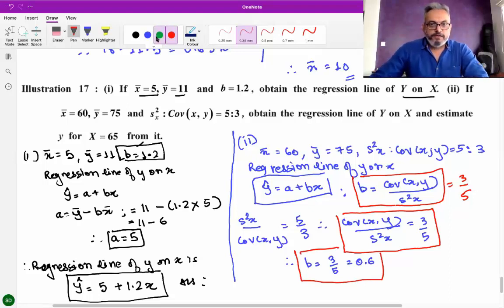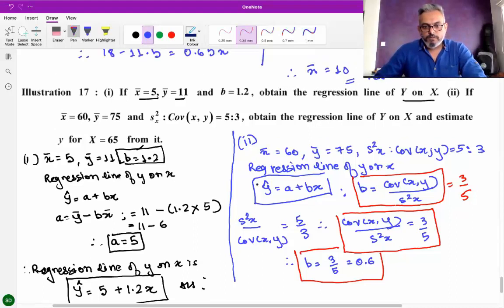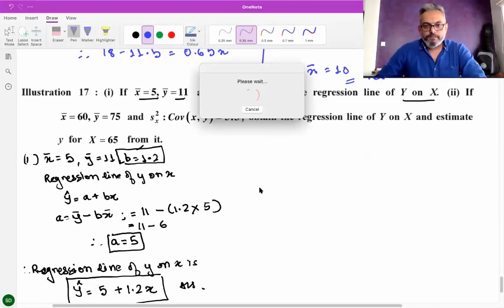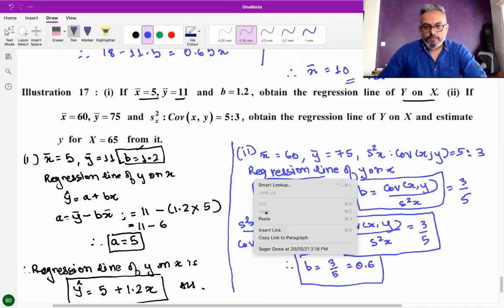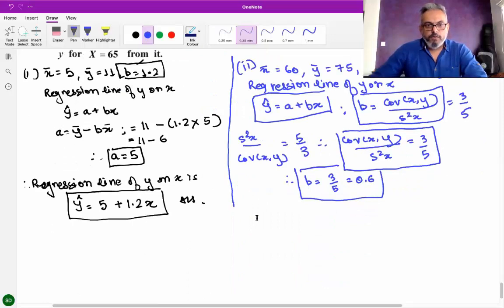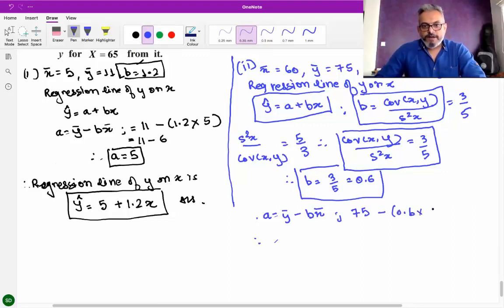Now, a is equal to y bar minus bx bar. Therefore, y bar is 75 minus b is 0.6 into x bar, that is 60.